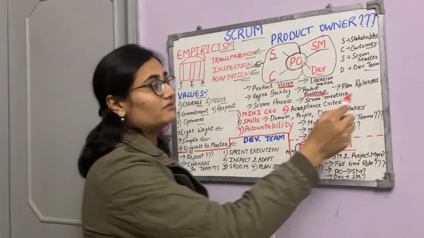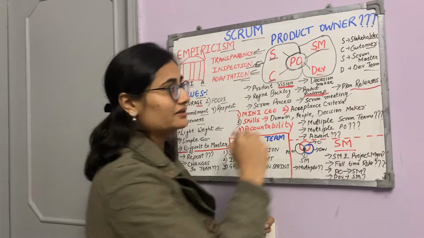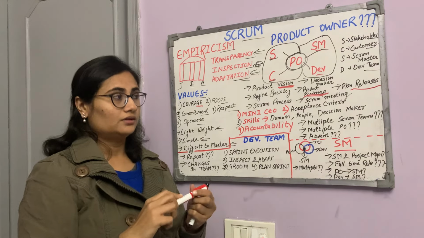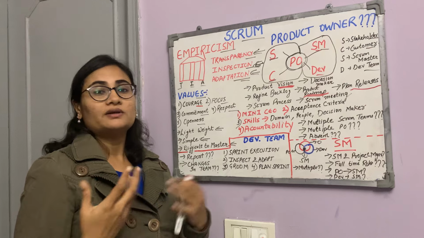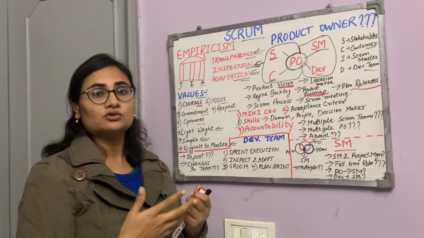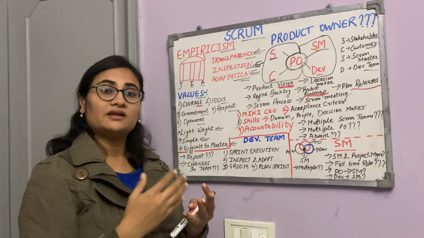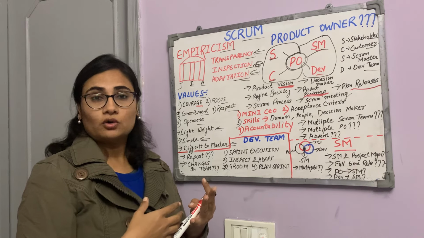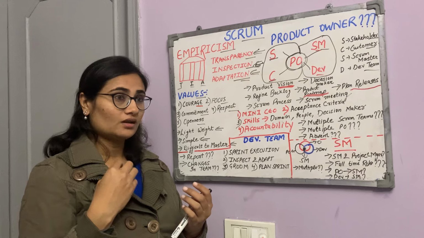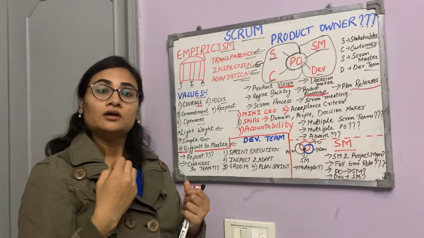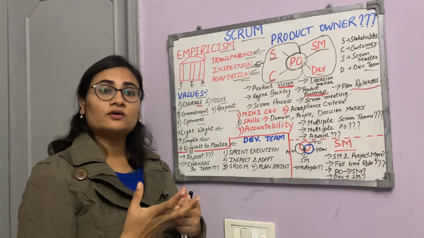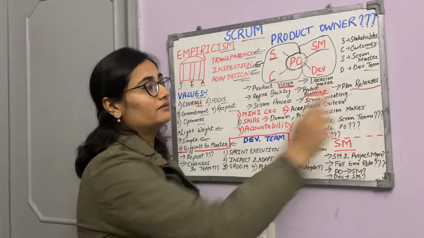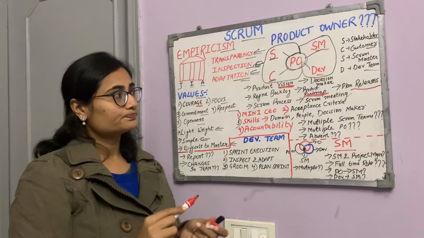Then he is the one who is going to plan all these releases. So there could be multiple releases, and planning those releases, like what will be there in release 1.0, in release 2.0 or 3.0, what features will be delivered to the customer through these releases, is something which is planned by product owner.